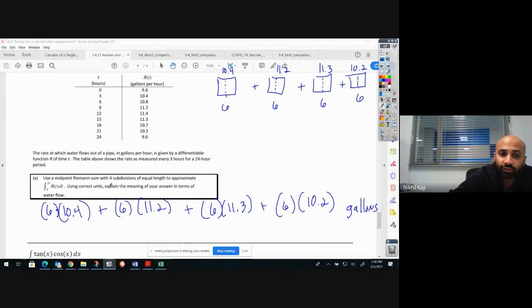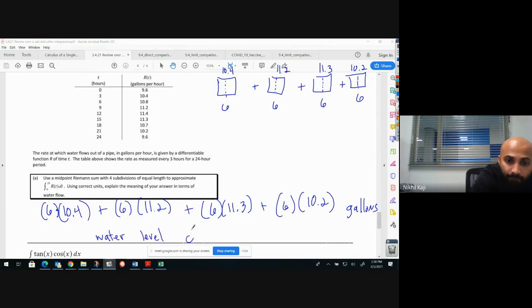Oh, and then it says using correct units, explain the meaning of your answer in terms of the context. So this represents how much the water level changed, in gallons.